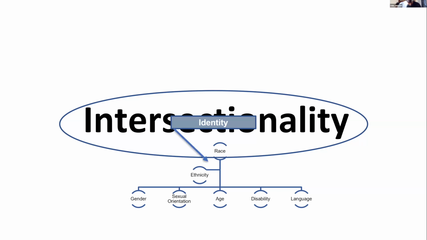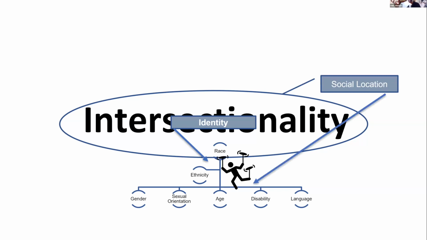But I also think that the Black feminist theoretical position is also about how they are positioned, right? Not only how they think of themselves, but their actual social location. And so it's not just how you view yourself, but how others view you. So intersectionality is identity and social location.